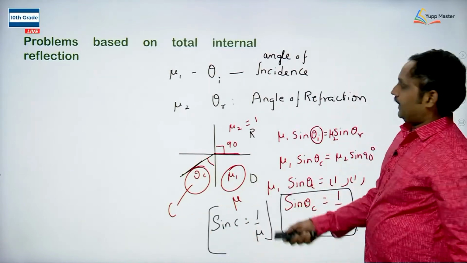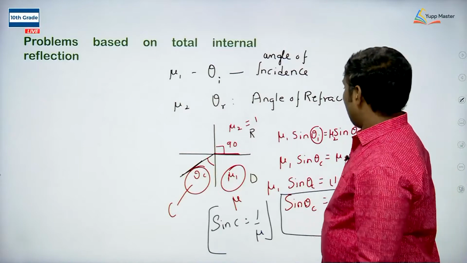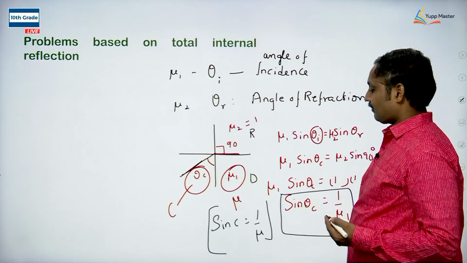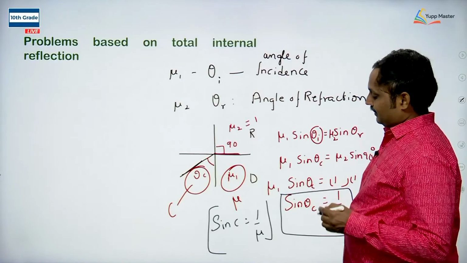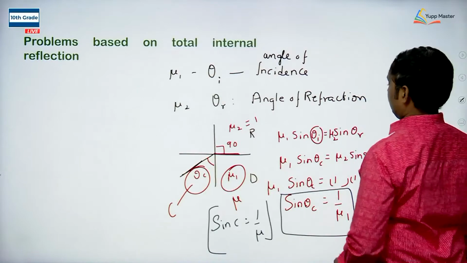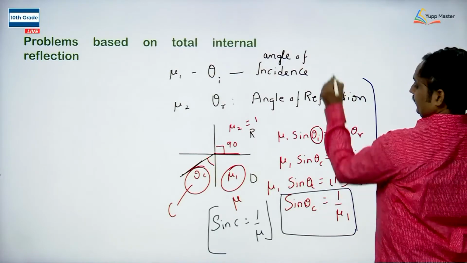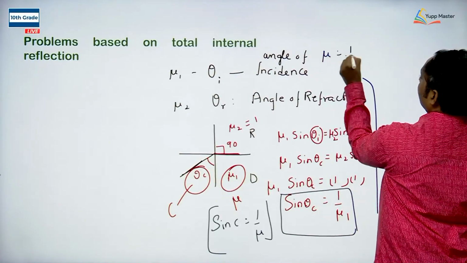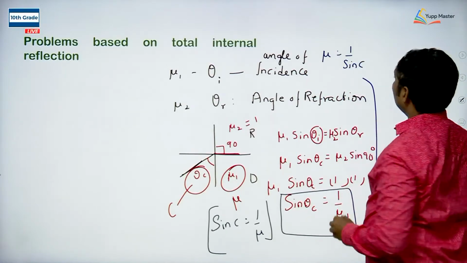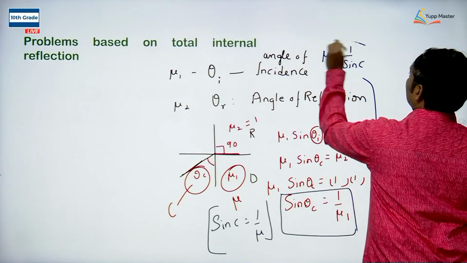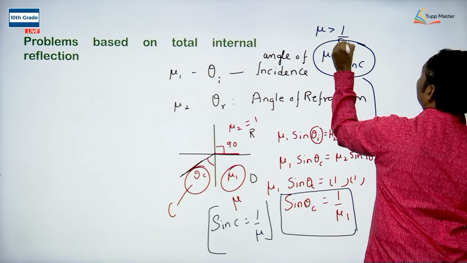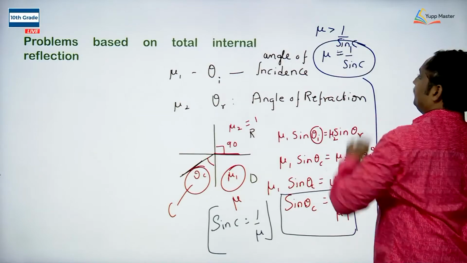Now if you take problems, you can find the set of values. Mu is equal to 1 by sin c, that is one problem type, where mu is 1 by sin c by the given conditions.